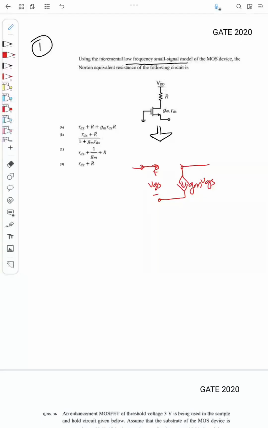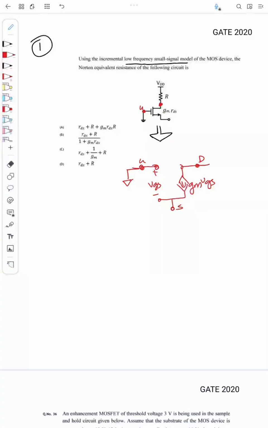This is the gate terminal, this is the drain terminal, and this is the source terminal. When we see here, the gate terminal is connected to ground, so this is grounded. The drain is connected through a resistance R to VDD, right?